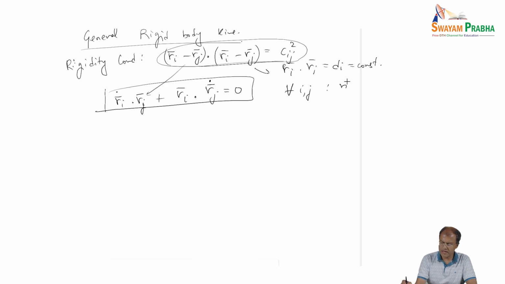This is my rigidity condition. So the general theorem, then, gives some results in the form of existence results. The first result is on the existence of the angular velocity.